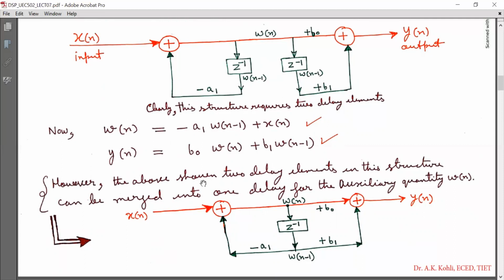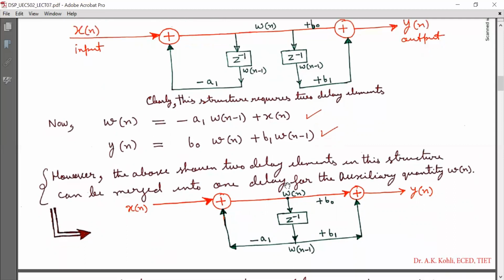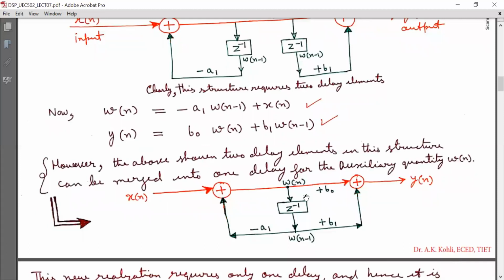However, the above shown two delay elements in this structure can be merged into one delay for the auxiliary quantity w(n), because here w(n) and here at this point I want w(n minus 1). Why to use this delay? So I am going to merge this in this structure. After merger of these two delays, this structure eventually comes into picture.